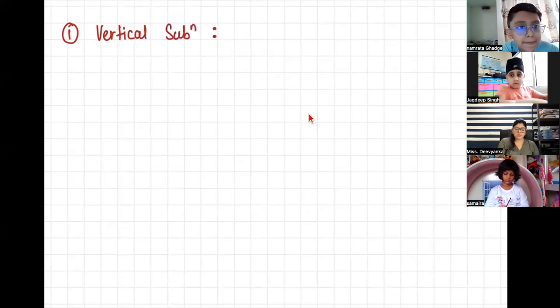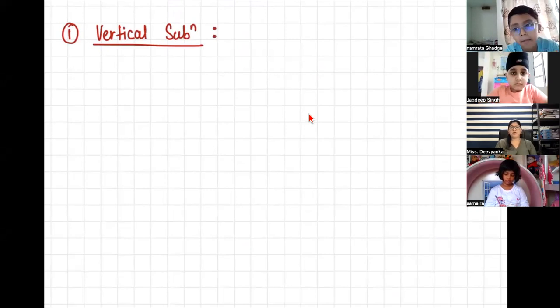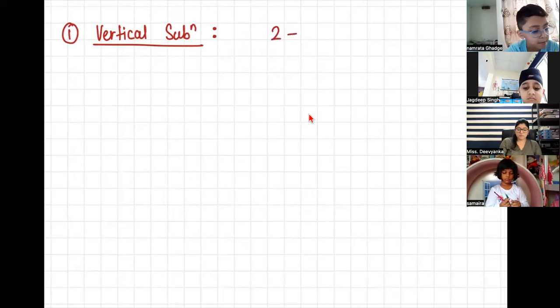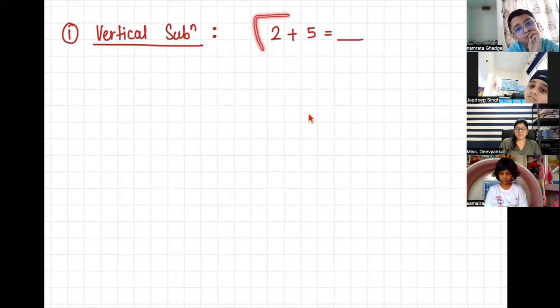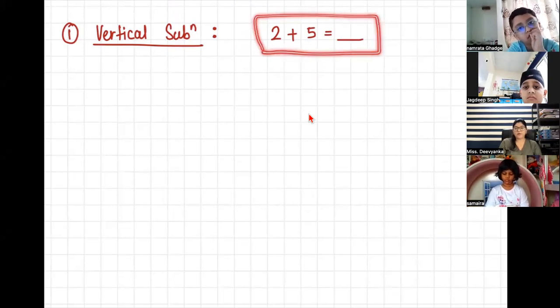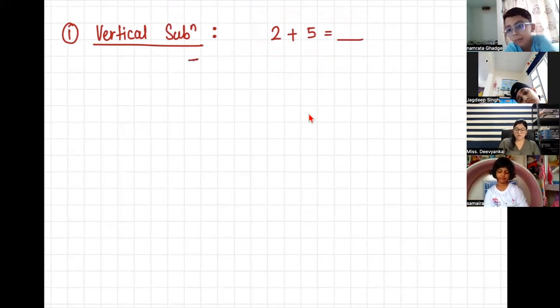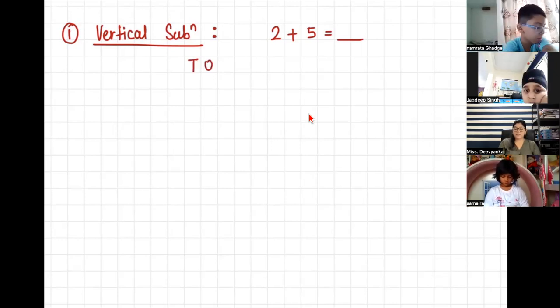Vertical subtraction. Now, when I say vertical subtraction, if this is your sum, 2 plus 5 is equal to what? This is the horizontal way of writing because the sum is written horizontally. And vertical way is to arrange it vertically and then write. So the same sum, you're going to first write tens and ones and then arrange the same sum vertically to solve it.